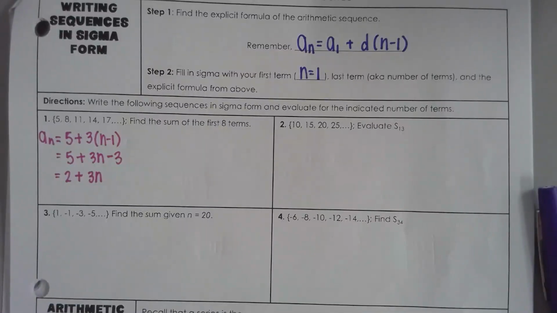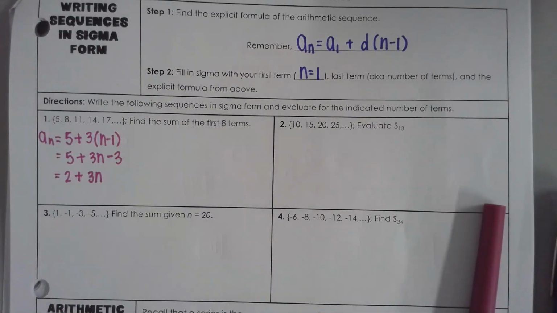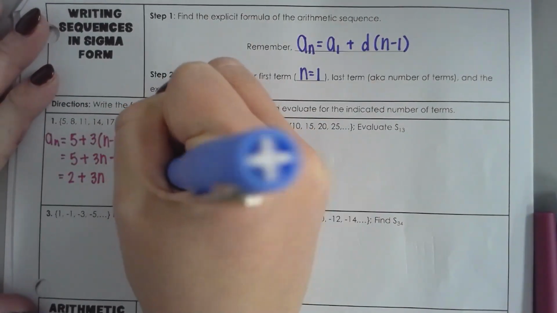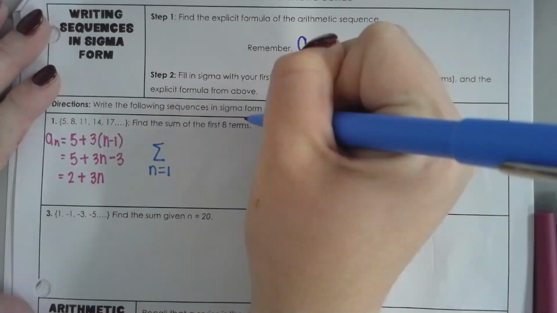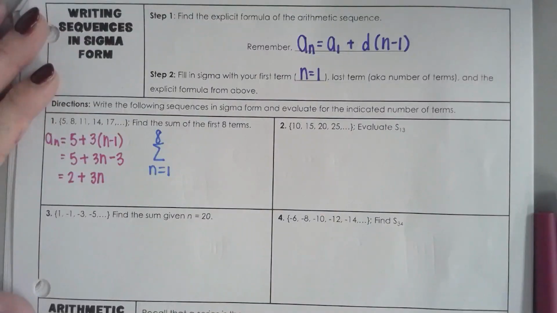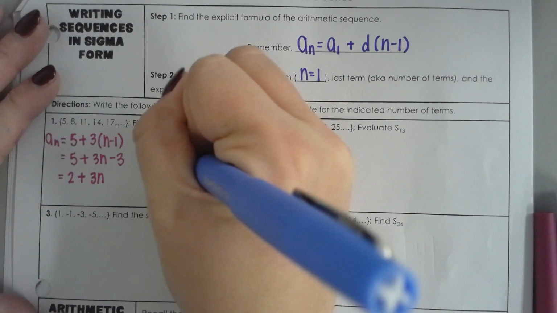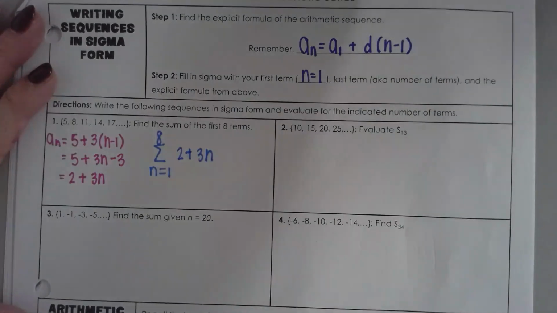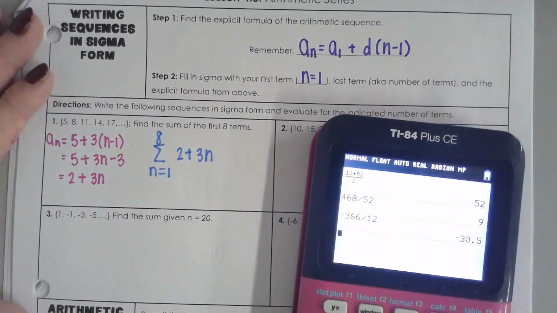And then we fill that in to sigma. So sigma, n equals 1 on the bottom. The formula is 3n plus 2. Two ways you can get sigma in your calculator. Math.